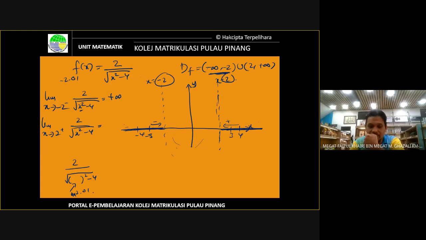So class, please refer to your smartphone. When you key in the function y equal to 2 divided by square root of x squared minus 4, and the vertical asymptotes x equal to negative 2 and x equal to 2, then this is the graph.